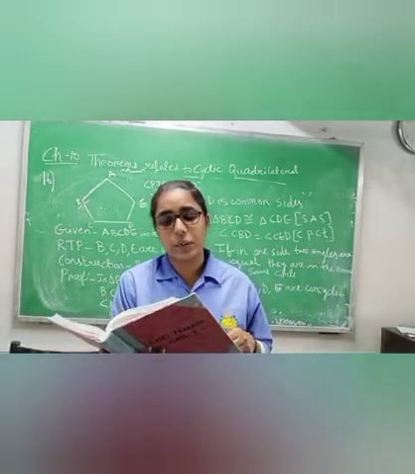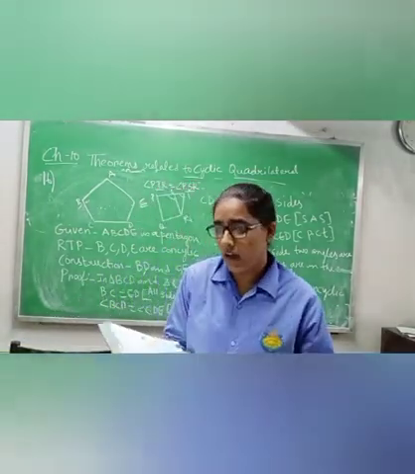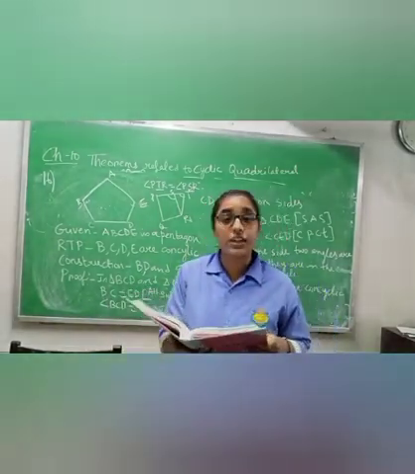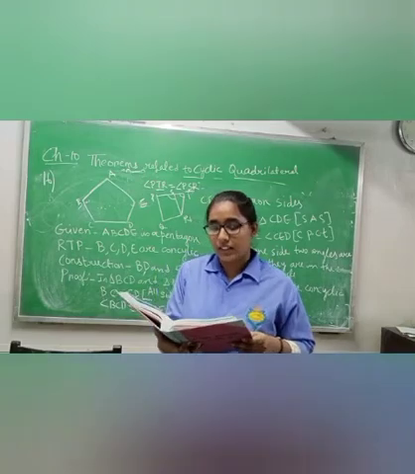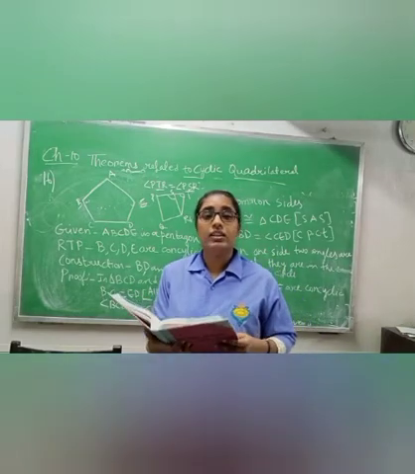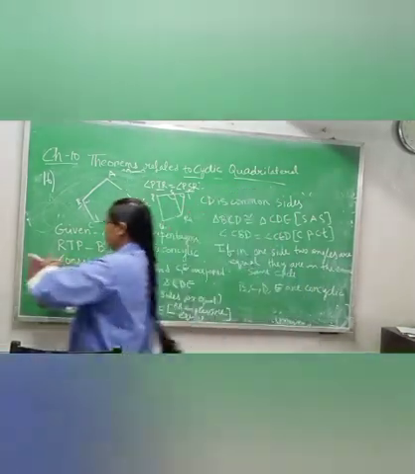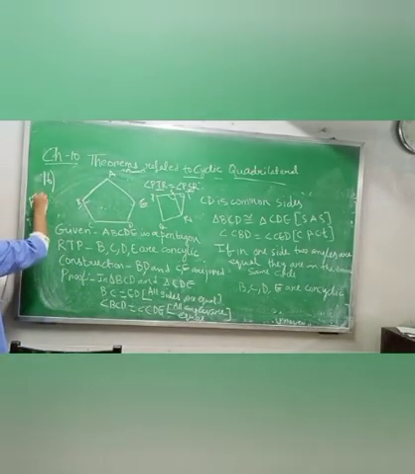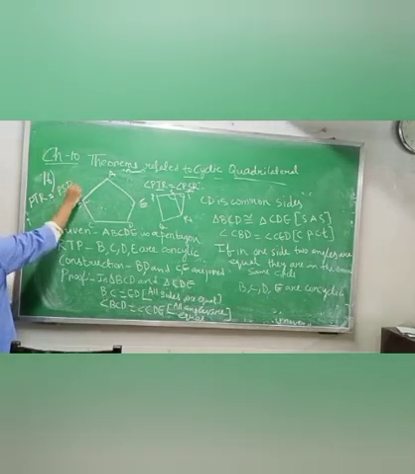It is written, therefore PTR equals to PSR. Again they have given one diagram, number 1, and they are saying that PTR is equal to PSR. Again you can see PTR, we are doing here, PTR equals to PSR.